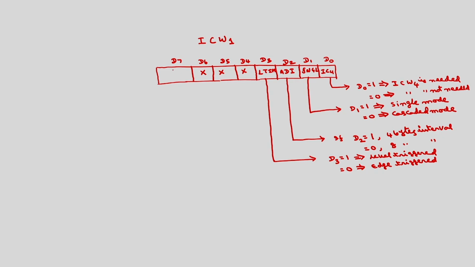And this bit is A0. We can see that one of the pins of 8259A is A0. For ICW1, this A0 is equal to 0. This is equal to 1 for ICW2.